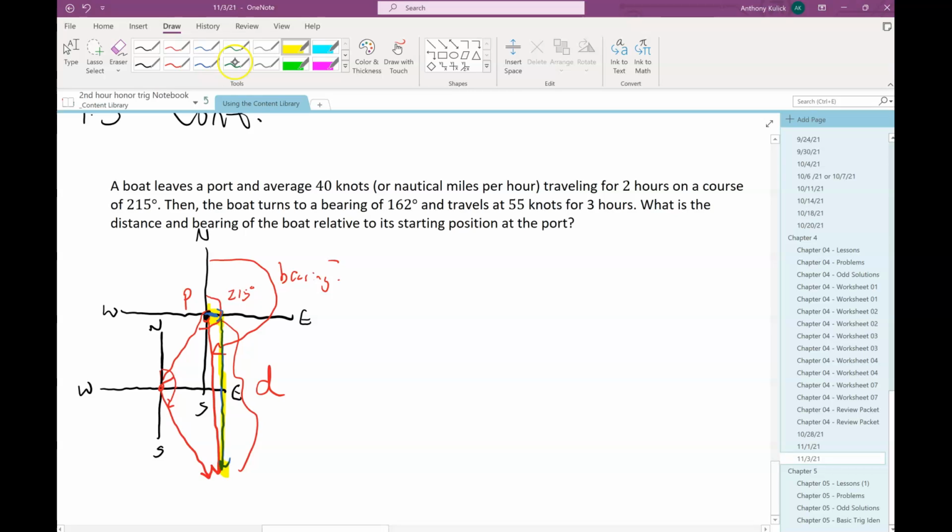Well, if I take this horizontal component and that horizontal component and add them together, I should get that horizontal component, right? And if I take this vertical component and this vertical component together, I should get this vertical component.